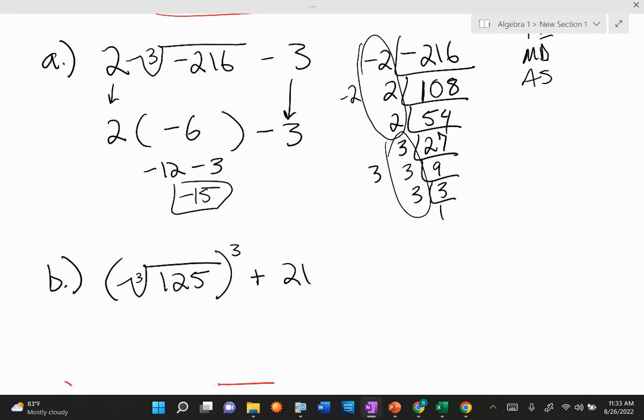Okay, I see some groups getting together and working. I see some groups getting together and talking. Yeah, it's 146.